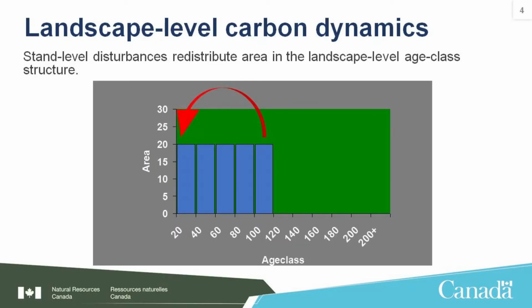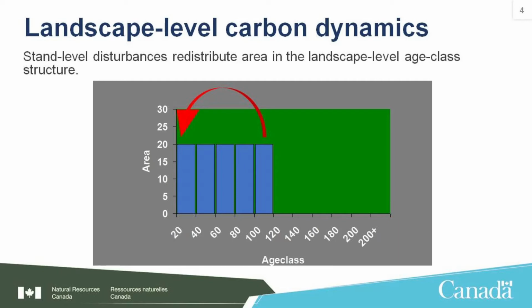Where things get a little tricky and interesting is how the model deals with landscape level dynamics. The model basically represents the population of all the stands in a project inventory. So in this example, if we have a normal forest where 1% of the forest has been harvested every year for a long time, we end up with an equal amount of area in each age class.